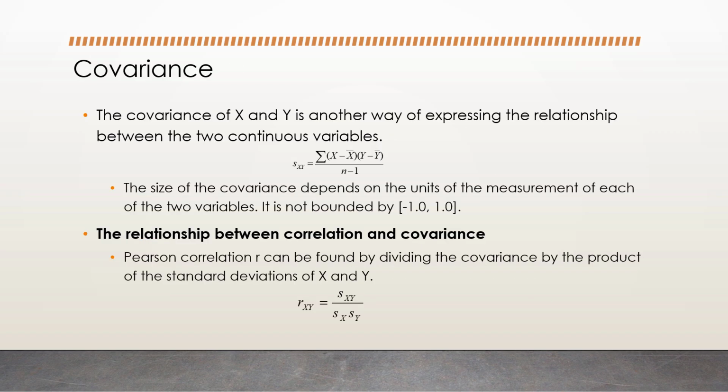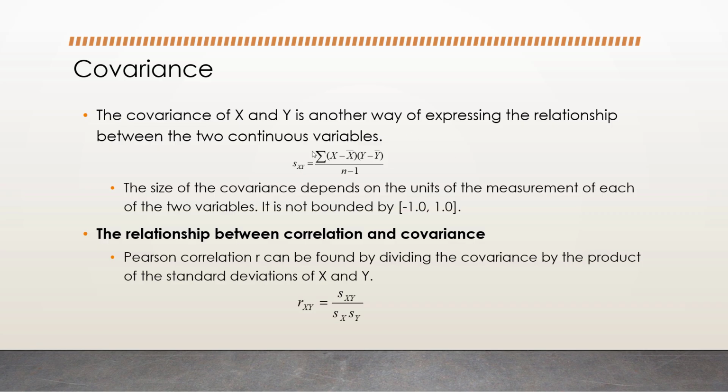Covariance is another term you will often hear. The covariance of x and y is another way of expressing the relationship between 2 continuous variables. For both variables, the deviation scores are calculated as the difference between the raw score and the mean. For each individual, multiply the 2 deviation scores to find the cross product.